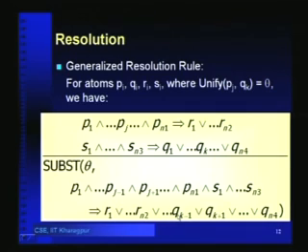It is Q1 through Qk minus 1 or Qk plus 1 to Qn4. There is a Q1 here which I missed out. Now, try to see how we get this.